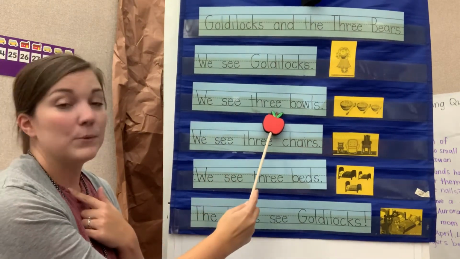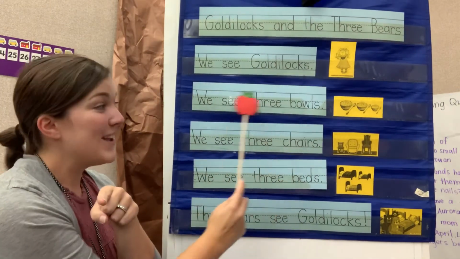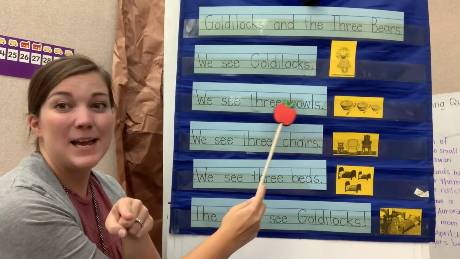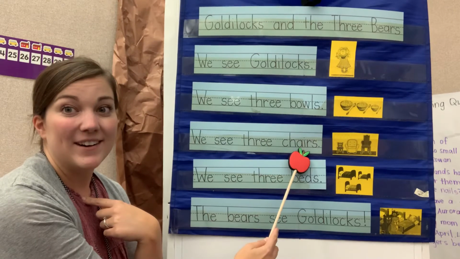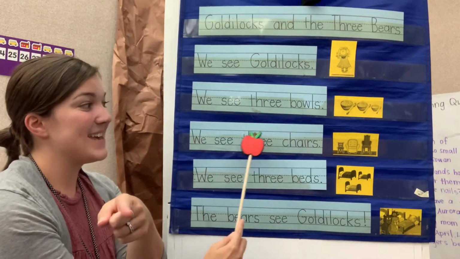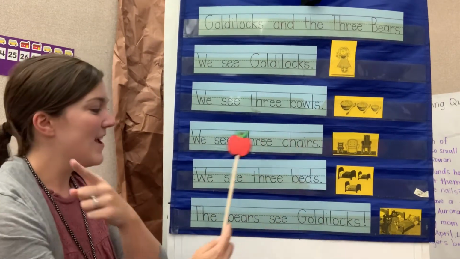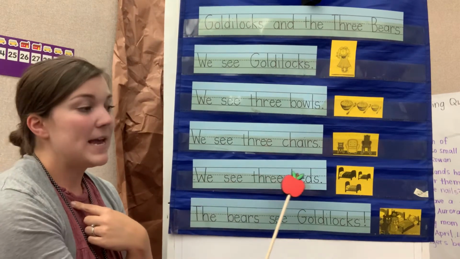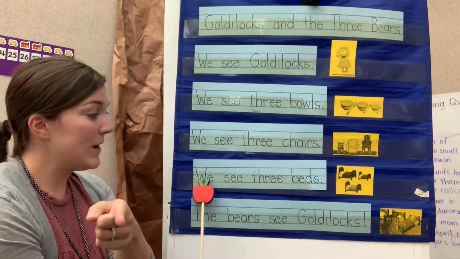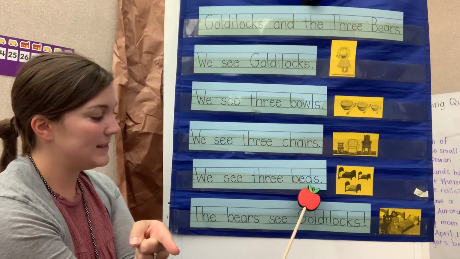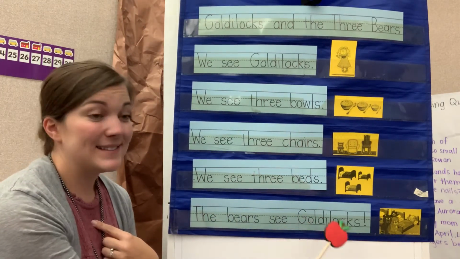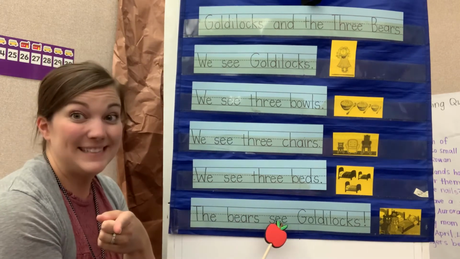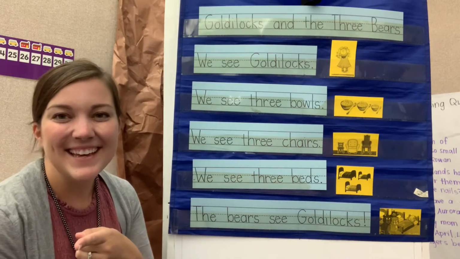We see three bowls. We see three bowls. We see three chairs. We see three chairs. We see three beds. We see three beds. The bears see Goldilocks. The bears see Goldilocks.